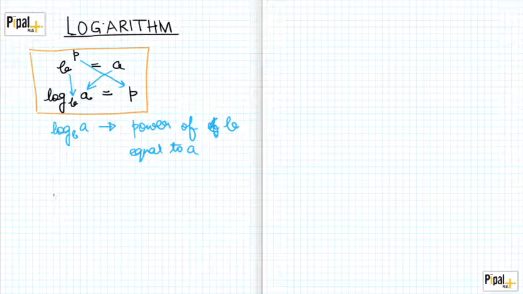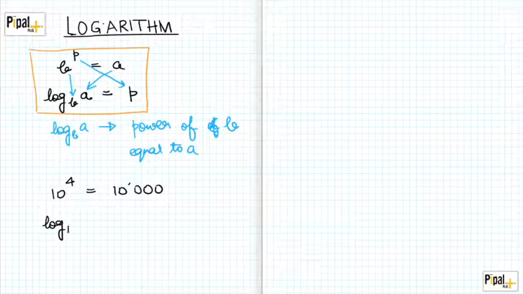Let's say we have the number 10, whose power 4 gives me 10,000. Then log base 10 of 10,000 is equal to 4. So 4 is the power, 10,000 is the result of this computation, and 10 is the base.